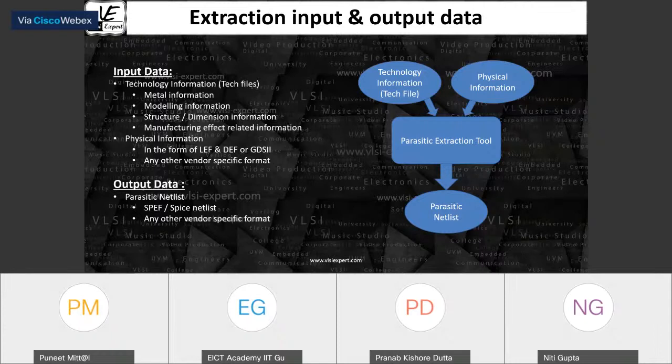Now, to calculate the RC of a net, like Aditya also mentioned last time, it is all about the metal. If you remember, he shared one stack diagram where the different metals are there.